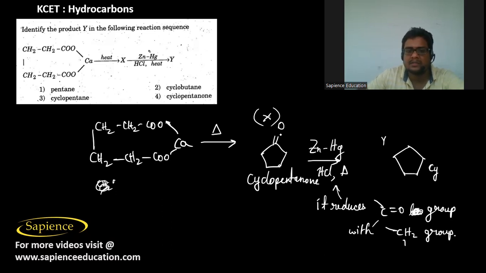So here it will simply reduce this oxygen with H2, and cyclopentane will be formed as the product Y. So option 3 is the correct answer.